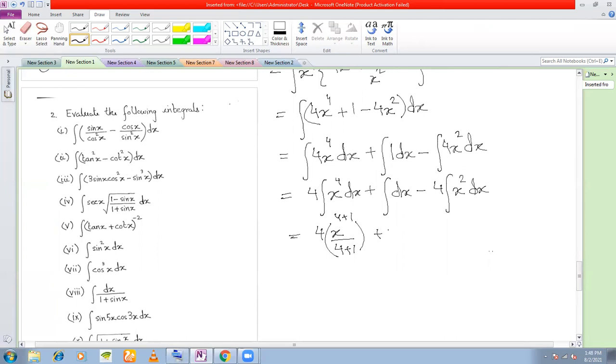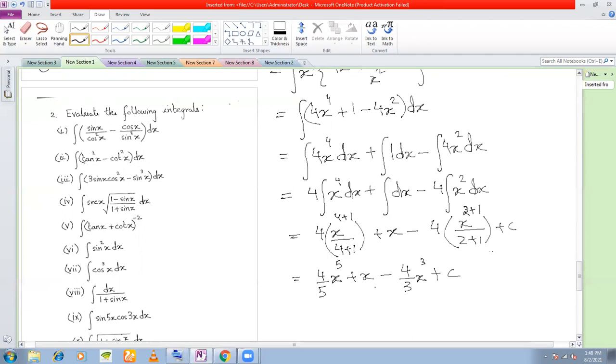Integration and differentiation, these are inverse processes, so they will nullify each other. You simply get x here. Minus 4 x to the power of 2 plus 1 by 2 plus 1 plus c. So this is 4/5 x to the power of 5 plus x minus 4/3 x cube plus c. That's your answer. Okay.